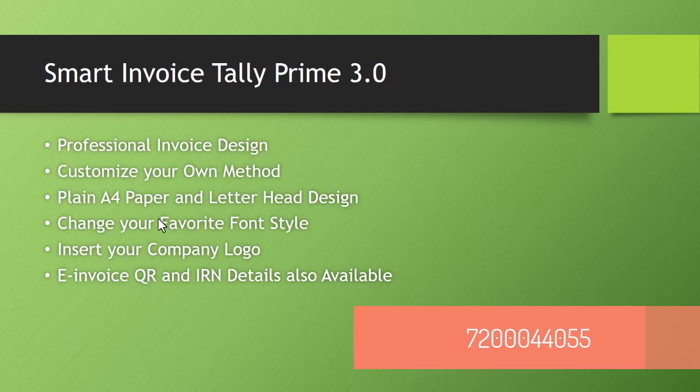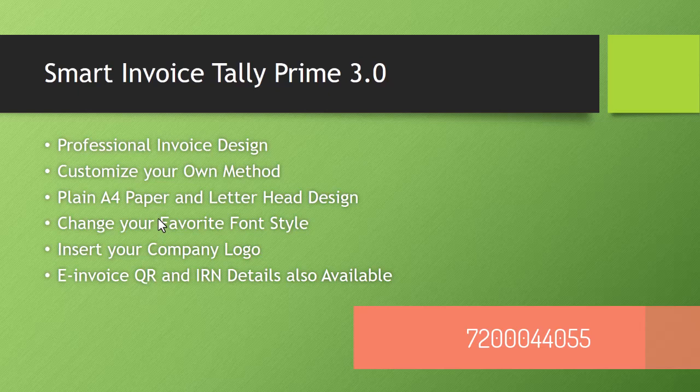For example, if I enter more than 7 or 8 items, it automatically goes to a second page. If you enter 15 to 17 items, it goes to 3 or 4 pages. For one single transaction you will use 4 sheets of paper.